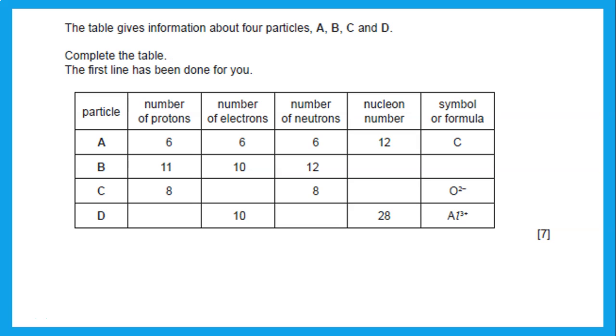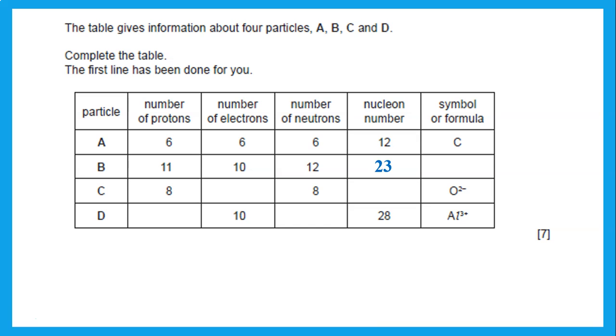Let's do B. We want the nucleon number, and we said nucleon number is protons plus neutrons. So that means 11 plus 12. That means I have 23 as my nucleon number or my mass number. What is the symbol of this species or this particle? How do I know which element I have?